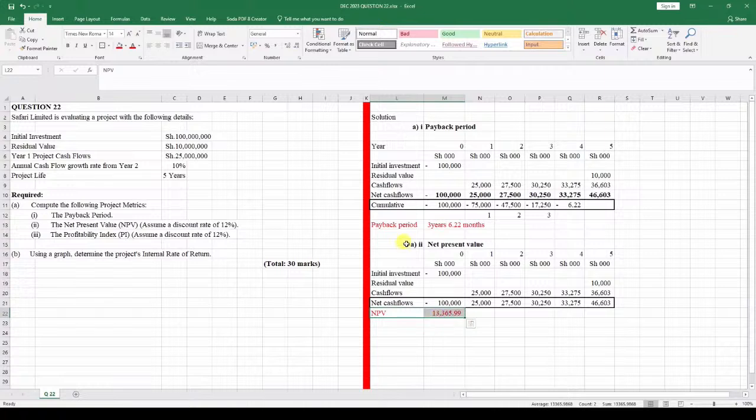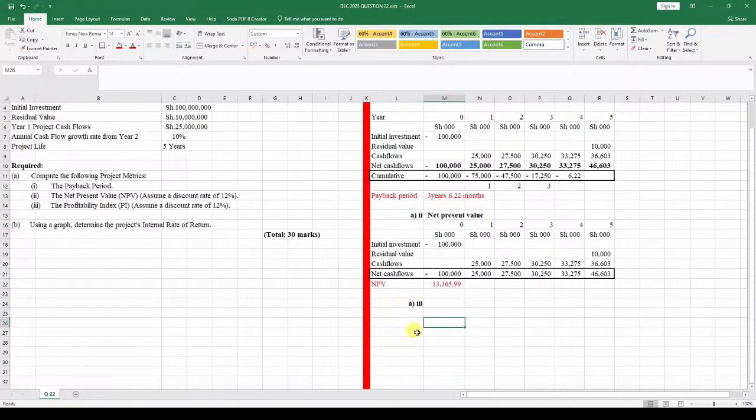So here, part 3, I can move ahead right down here. In part 3, we talk about the profitability index.